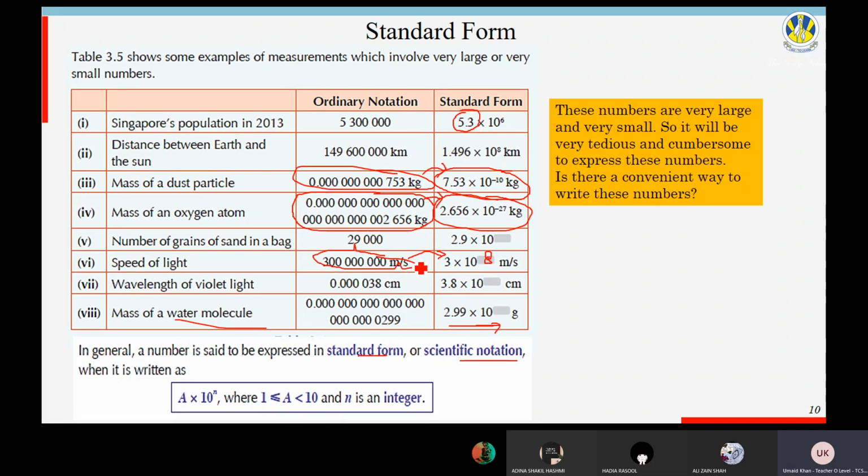I cannot even have a 10 over here. It will violate the standard form. For example, if I write 10 into 10 raised to power minus 18, then this is not standard form because this first value a is actually equal to 10. It must be less than 10. So you can only have values between 1 and 9 over here.